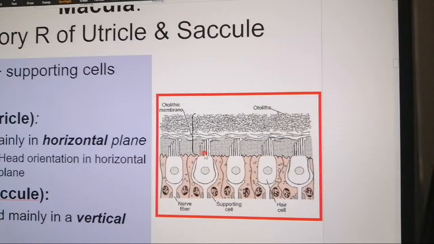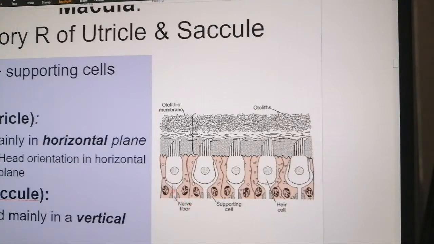Okay. Now, point number 2 to observe is the nerve fiber. Before the nerve fiber, let me bring your attention to these finger-like projections.